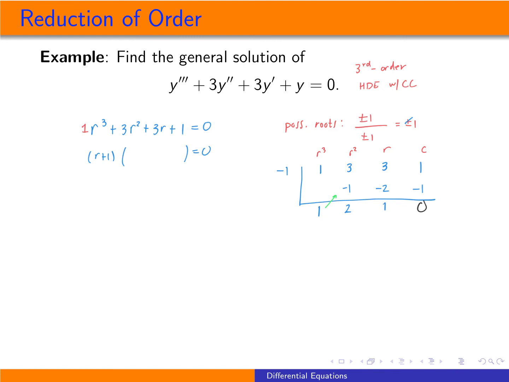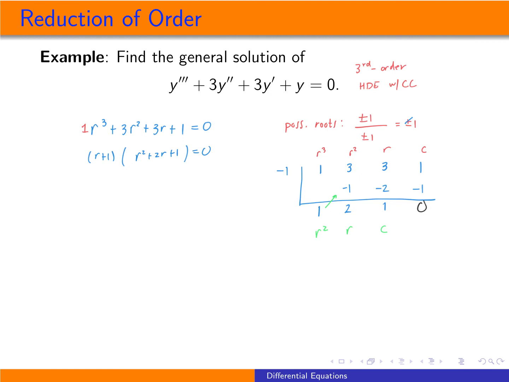And to determine the coefficients of that remaining quadratic, we simply look at the bottom of our synthetic division to the right here. Those numbers 1, 2, and 1 respectively are going to be the coefficients for the r squared, r, and constant term of that quotient polynomial, the quadratic. So in this case, we would have r squared plus 2r plus 1.